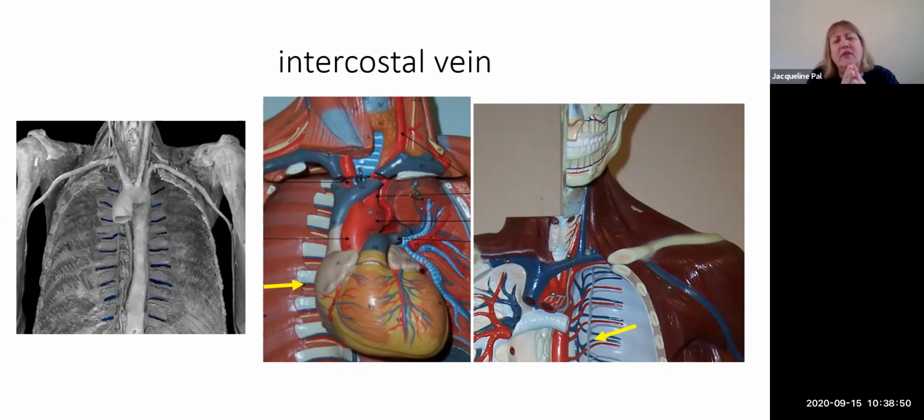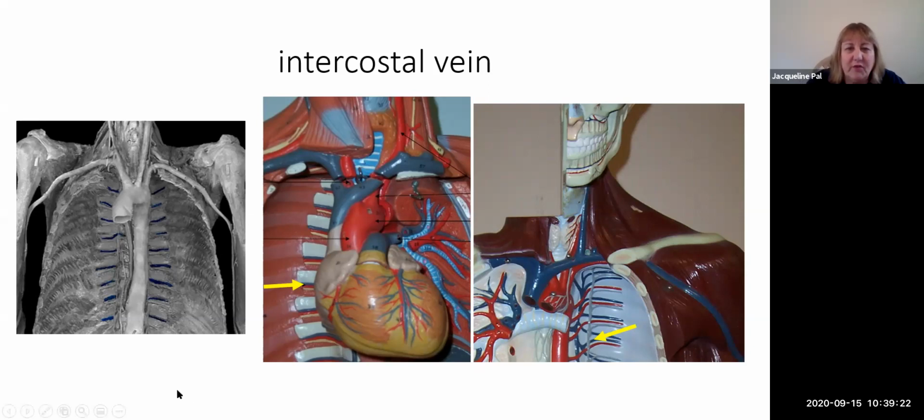Now, if you recall, the intercostal arteries came off the aorta, so you would think the intercostal veins would drain to a structure right next to the aorta. But whereas in the abdomen the inferior vena cava is right next to the aorta, we don't have a superior or inferior vena cava right next to our thoracic aorta. So we have to have other veins in this area.